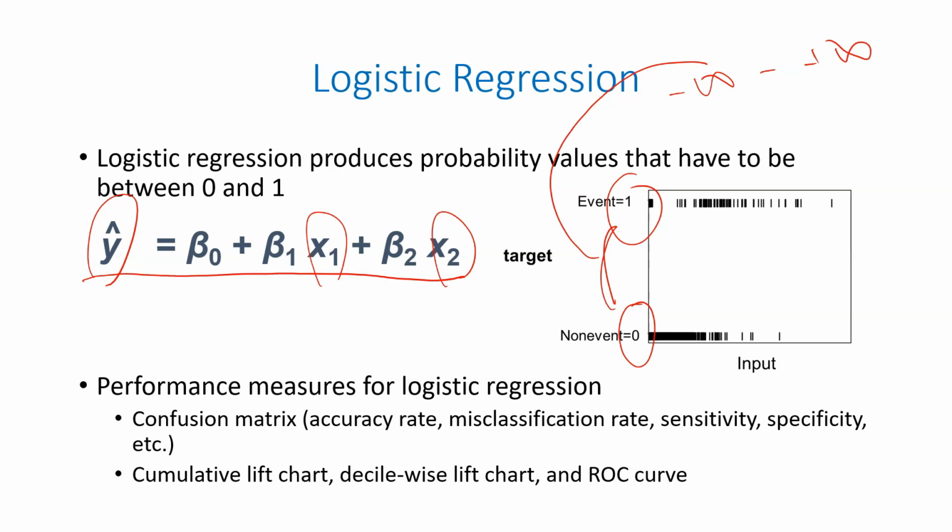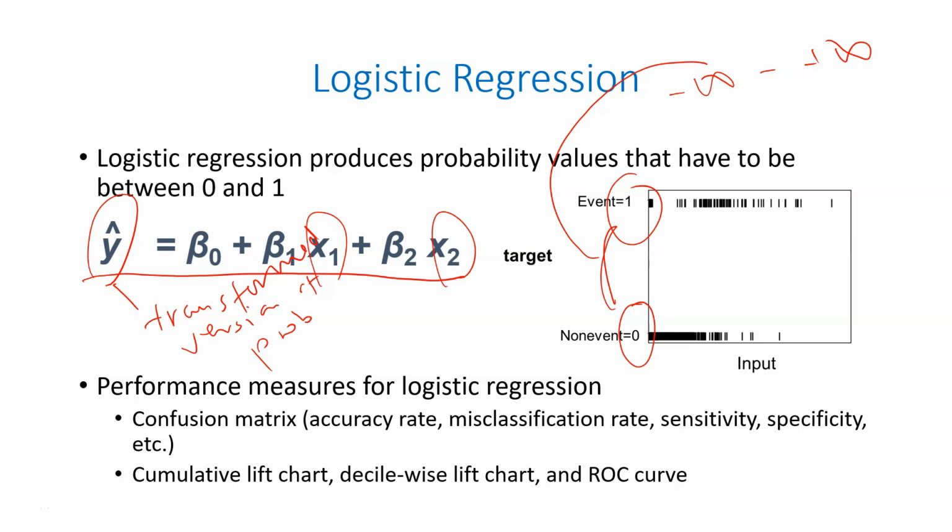In other words, the target variable y here is not a direct prediction of probability value, but a transformed version of the probability value that is unbounded. And we will get into the details of the transformation in a minute here.